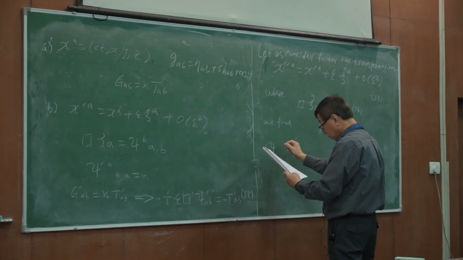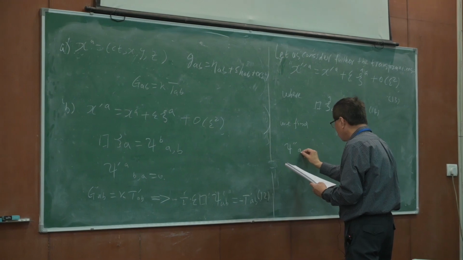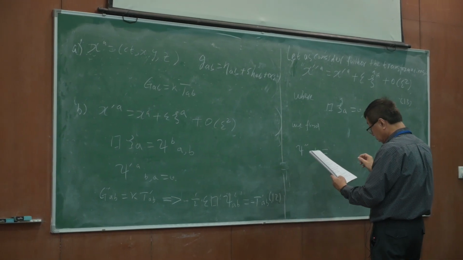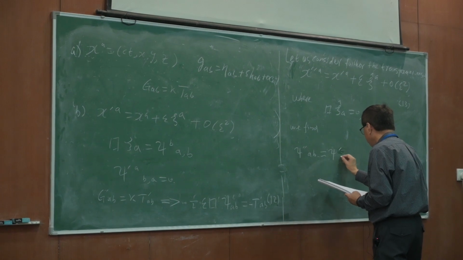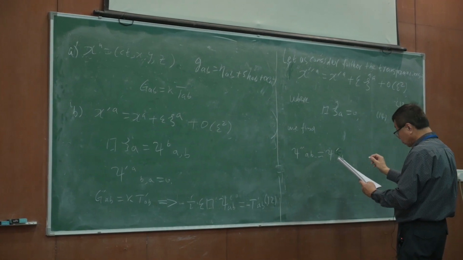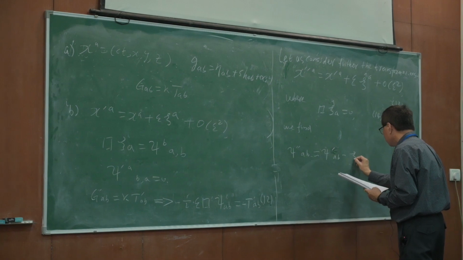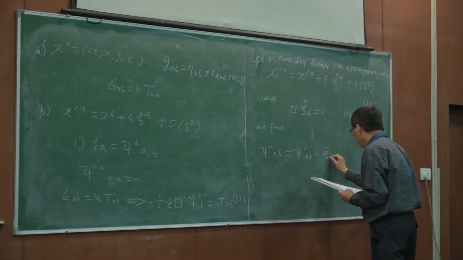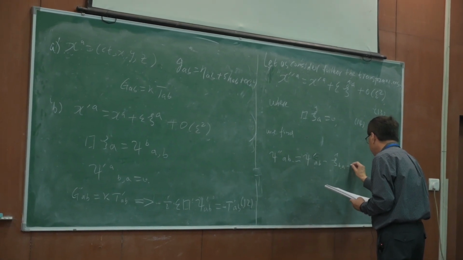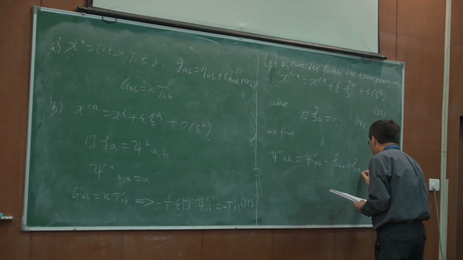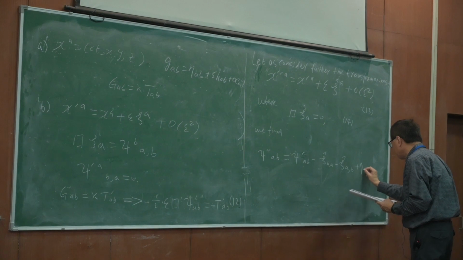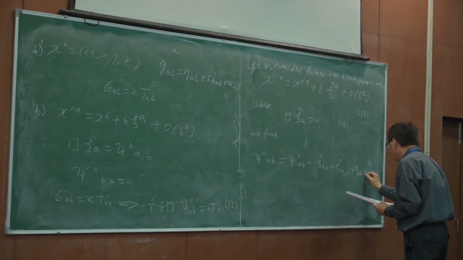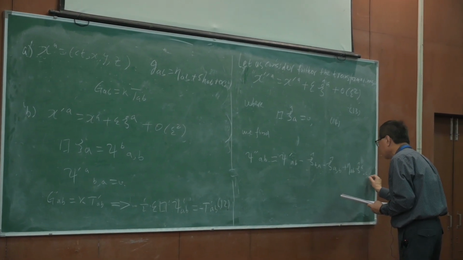h double prime AB equals h prime AB minus the derivative terms of epsilon hat, the same thing as what we did before, plus theta AB.